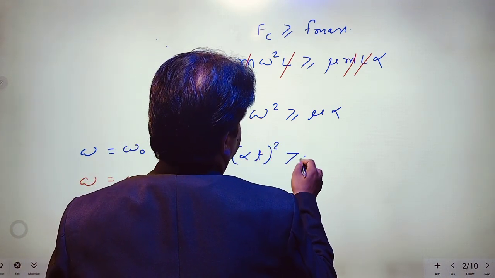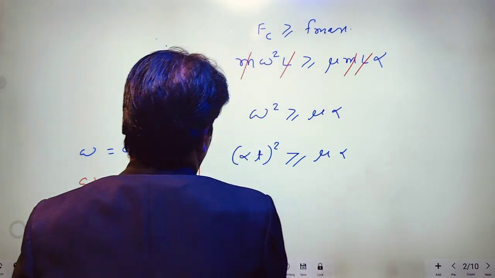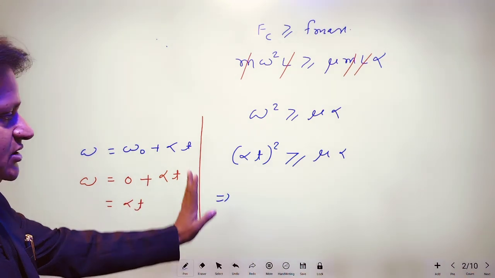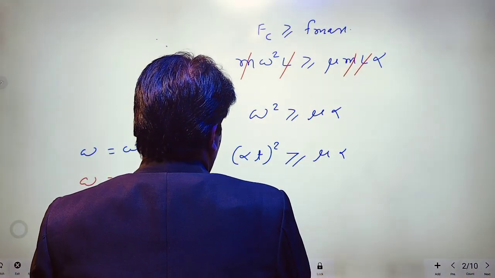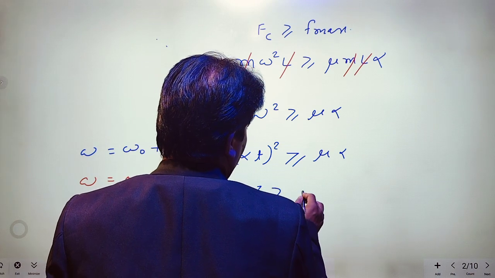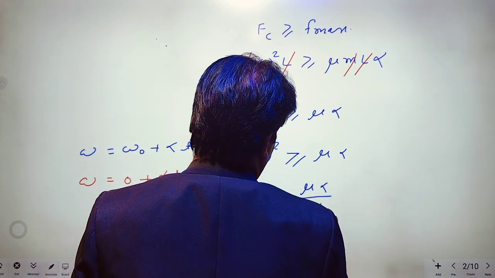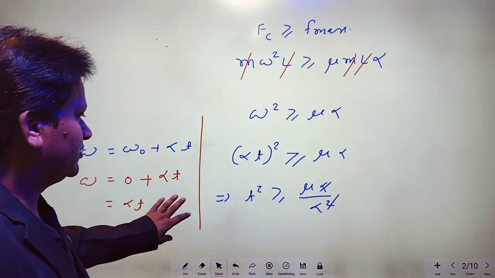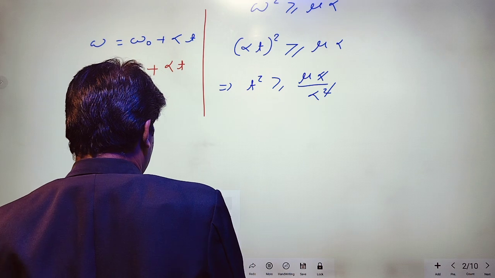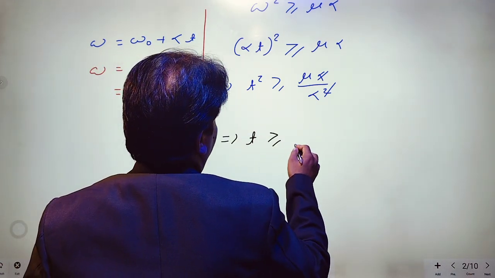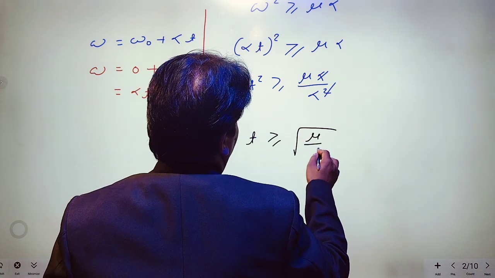We have to find t from the equation omega square greater than or equal to mu alpha. So t square is greater than or equal to mu alpha upon alpha square. Therefore t will be greater than or equal to root under mu upon alpha.